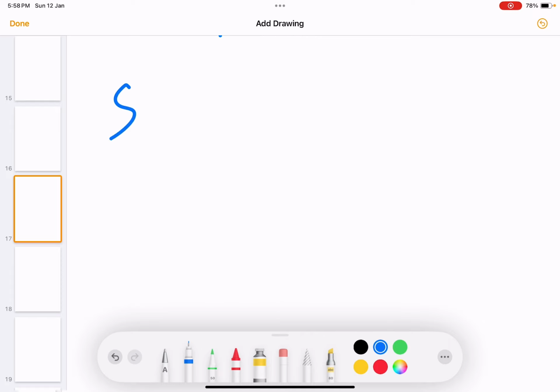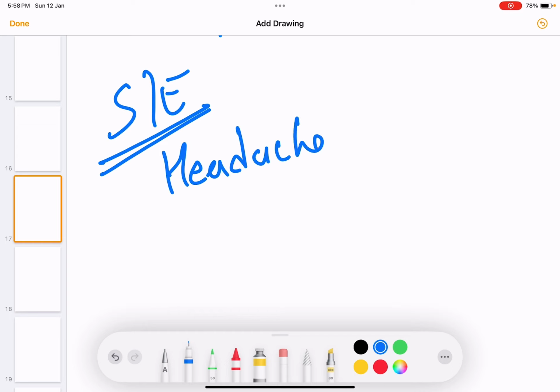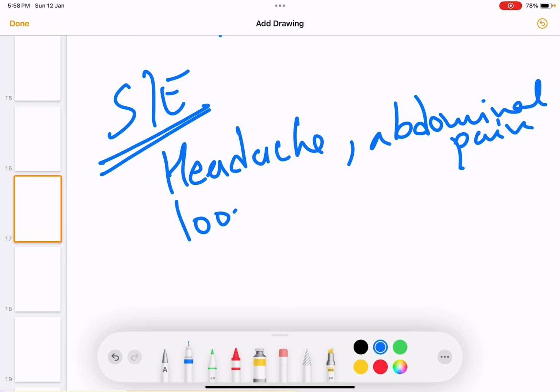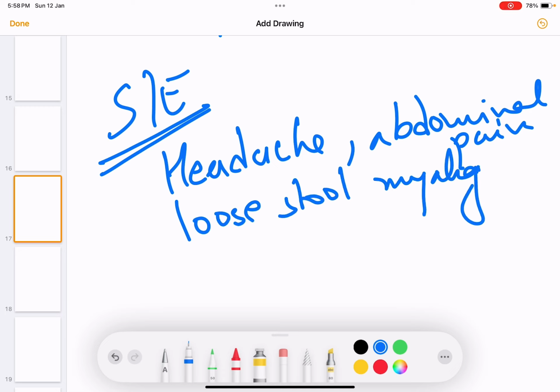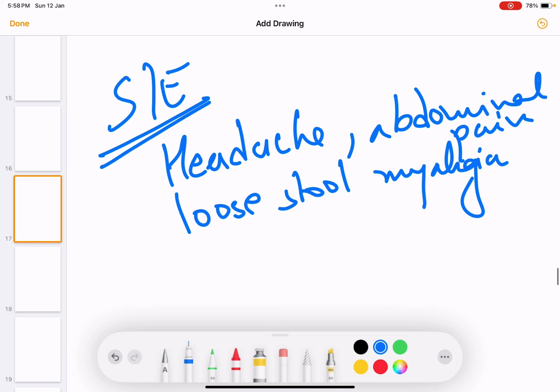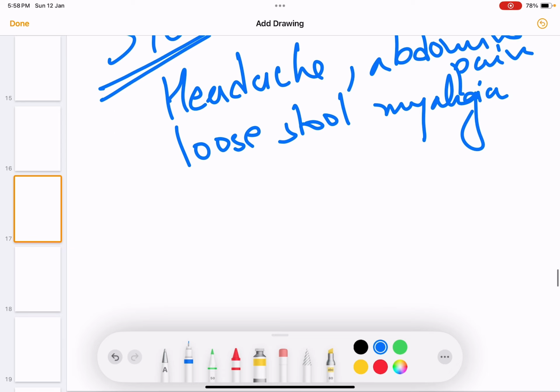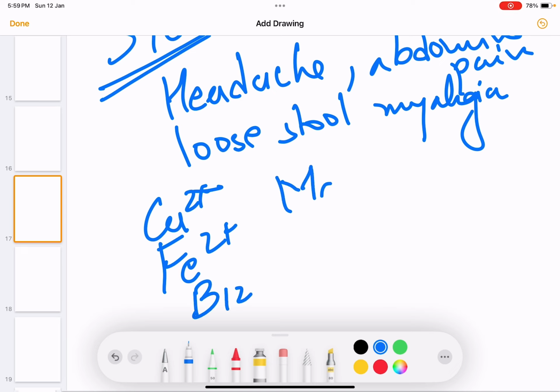So what are the side effects of H2 blockers? Most side effects are non-specific, such as headache, abdominal pain, loose stools, myalgia. Now, acid is also responsible for absorption of certain nutrients such as calcium, iron, B12 and magnesium.